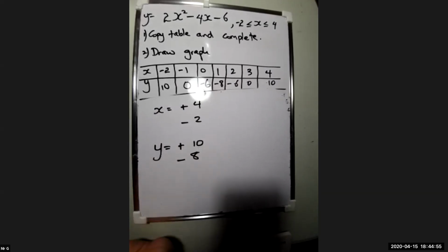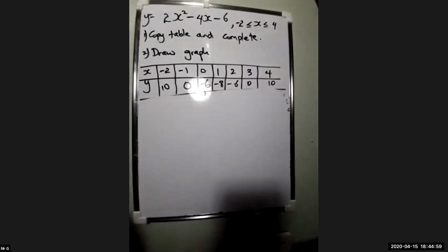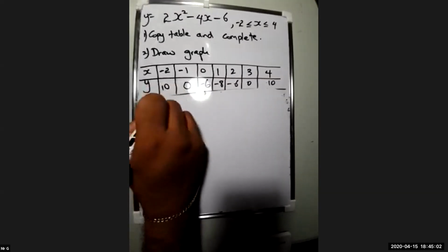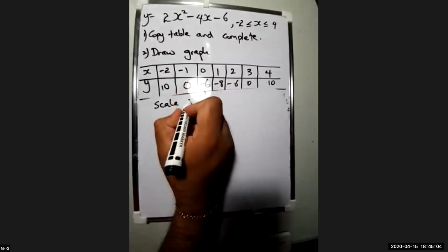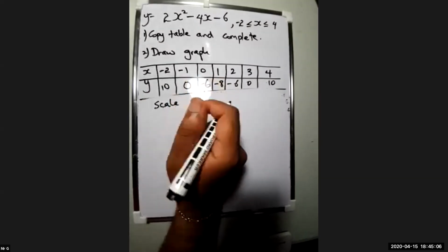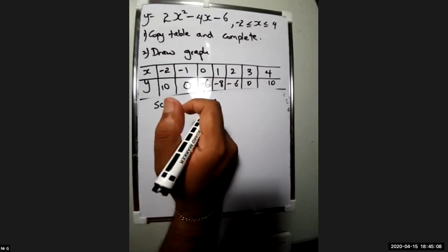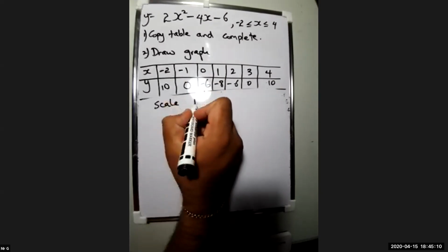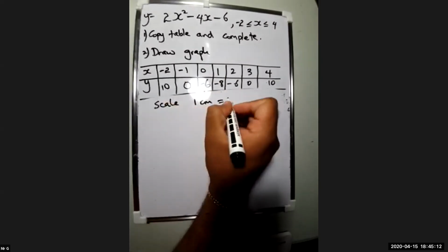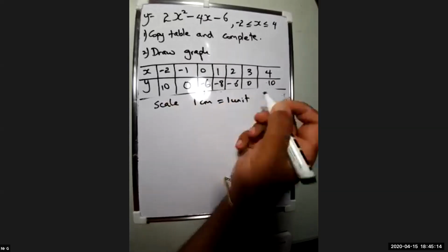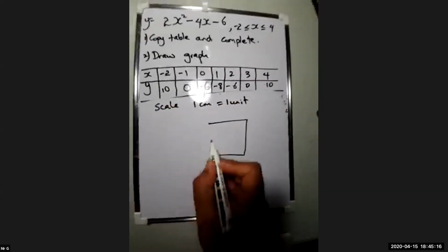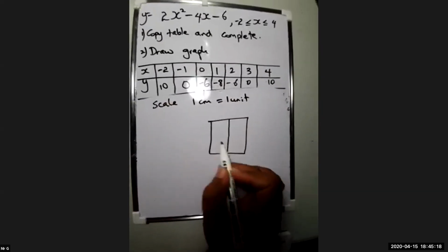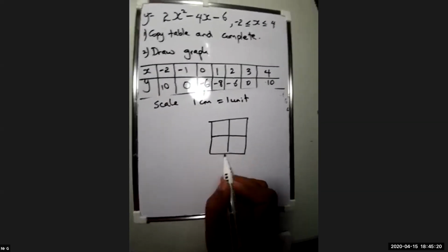Okay, so we know it's not a big graph when we draw it. With our scale, we can say 1 centimeter represents 1 unit. Of course, you have the big block on your graph page. This big block is broken up into 4 small squares.